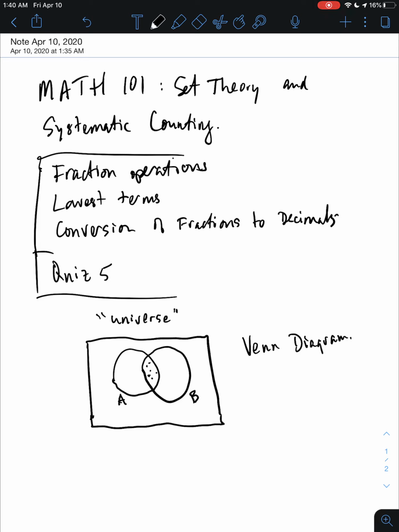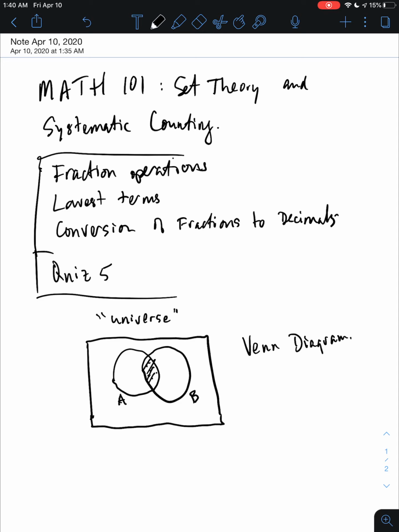So given two sets, we can do operations on those sets, similar to addition and subtraction, except for sets, they're not addition or subtraction. They've got special names.